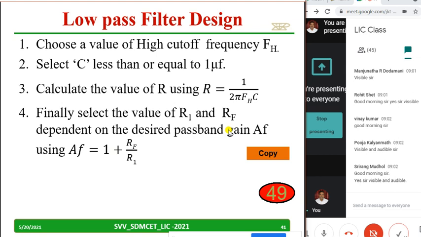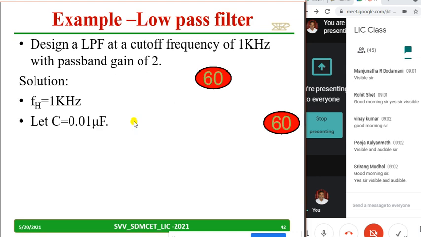Then we'll consider one numerical example so that we can understand how to design a low pass Butterworth filter. Let us take one numerical example. Design a low pass filter at cutoff frequency.